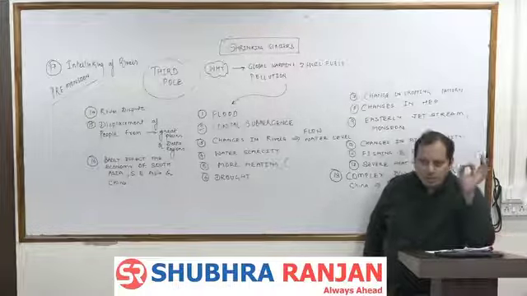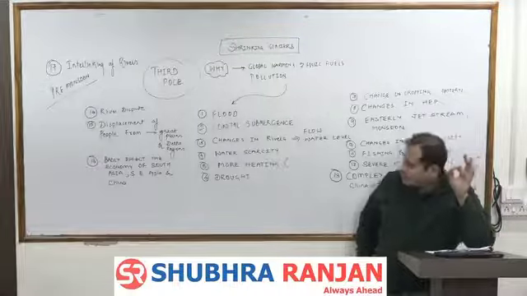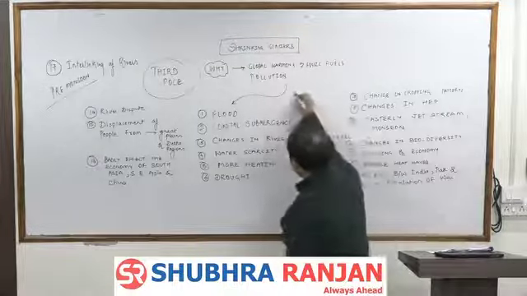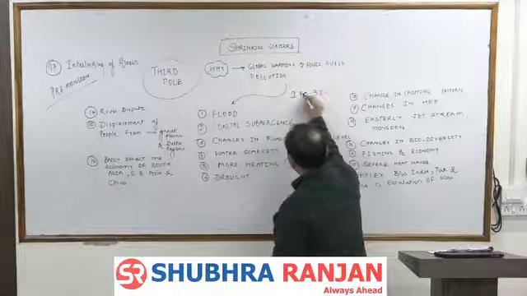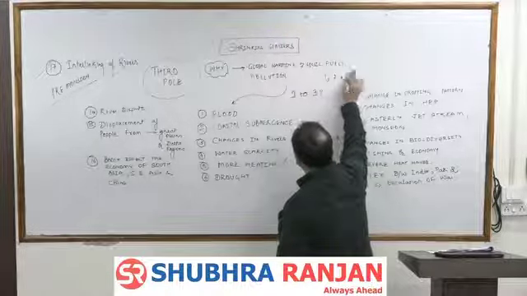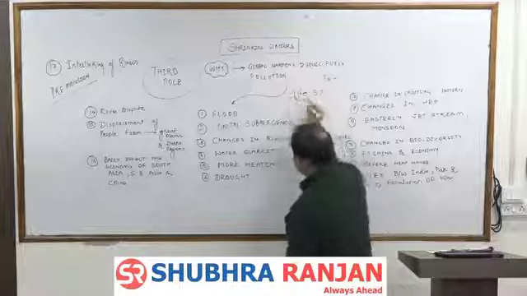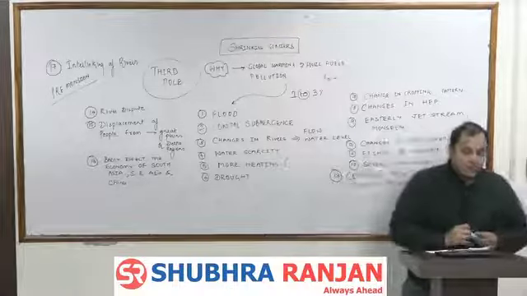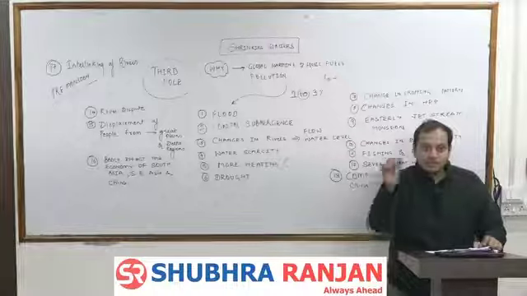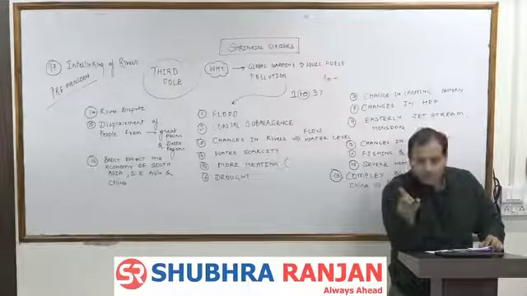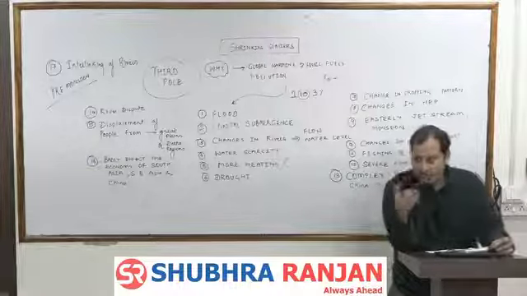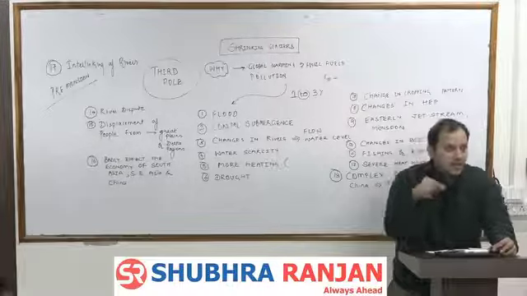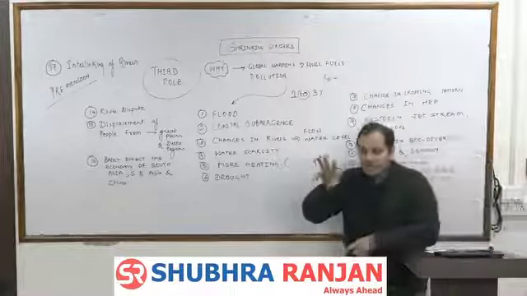Not 1, 2, 3, but 1 to 3%. Remember one general rule: a 1% decrease in flow means a 3% decrease in hydroelectric power production. If the flow of water reduces by 1%, hydroelectric power production decreases by 3%.